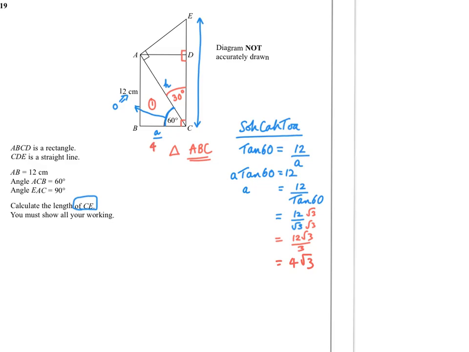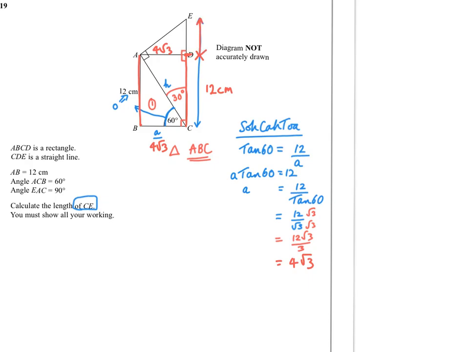So if that length there is 4 root 3, then this length here is also 4 root 3. Now, we know already that this length from here to here has got to be the same as this length from here to here. So we know we've already got 12 centimetres in the bag. That's from there to there. So we've really just got to find this part here.